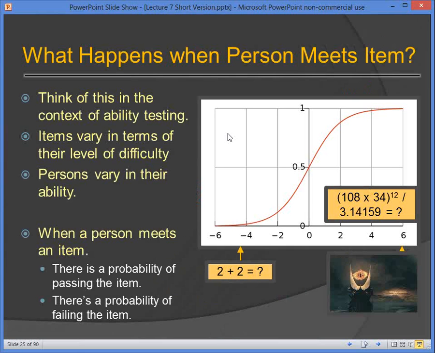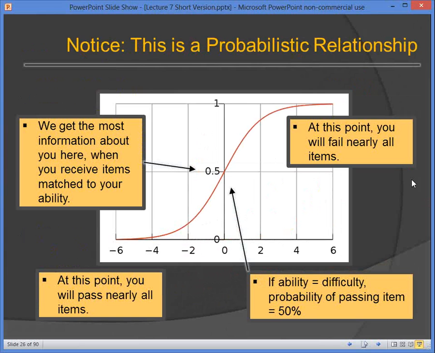So you have certain items that are very easy, and those items will be passed by the person all the time, like 2 plus 2. On the other hand, if you have complex mathematical equations, then those items will be failed all the time. So the point where we get the most information about you is actually where we're giving you many items that are approximately equal to your ability level.